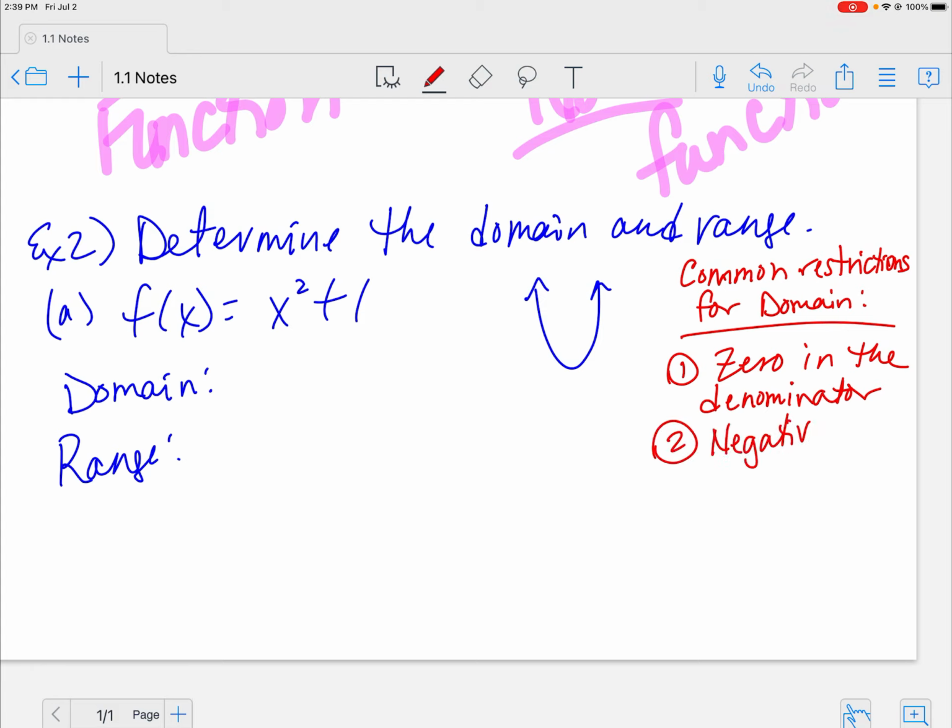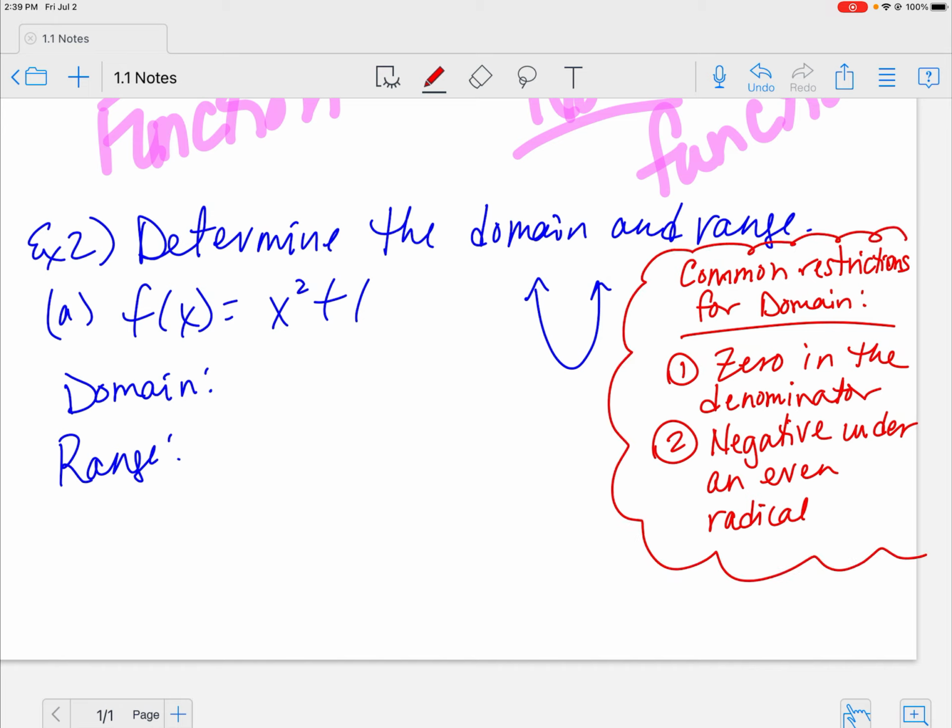Negative under a radical, an even radical, meaning an even index. If I have an odd root, like a cube root, that's fair game, but we can't have the imaginary as the issue there. So those are two common restrictions.